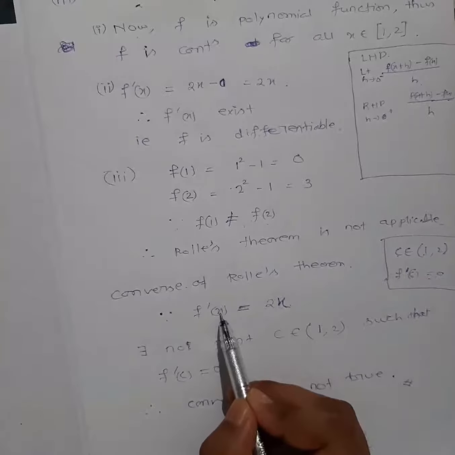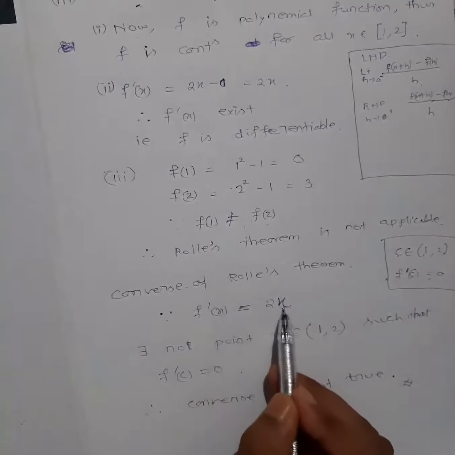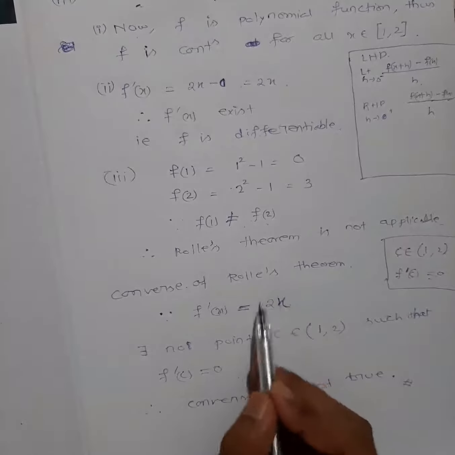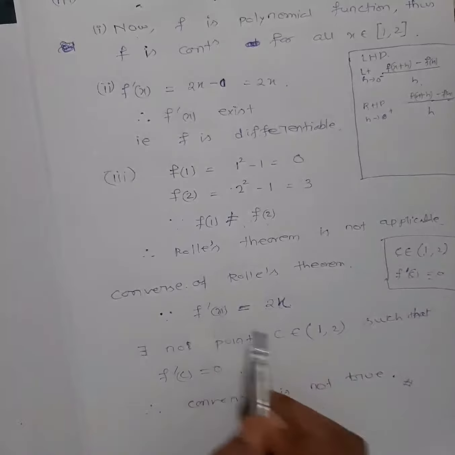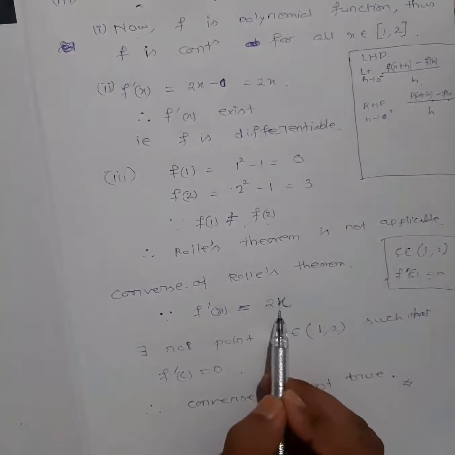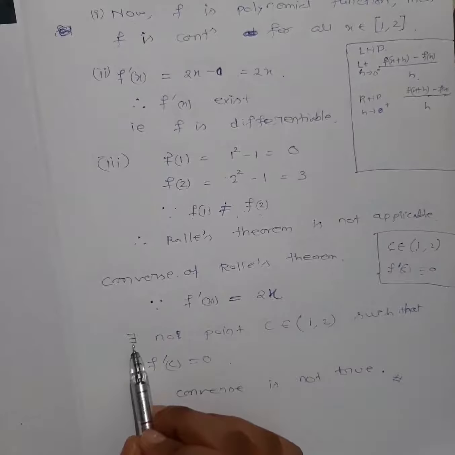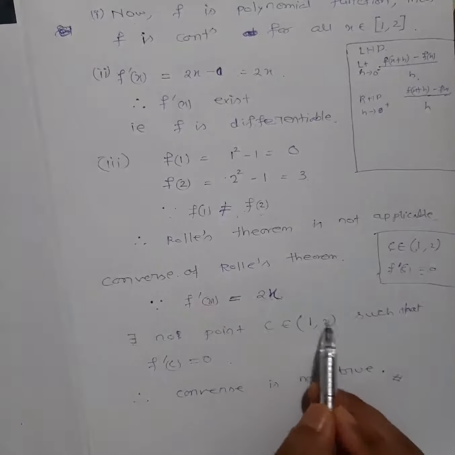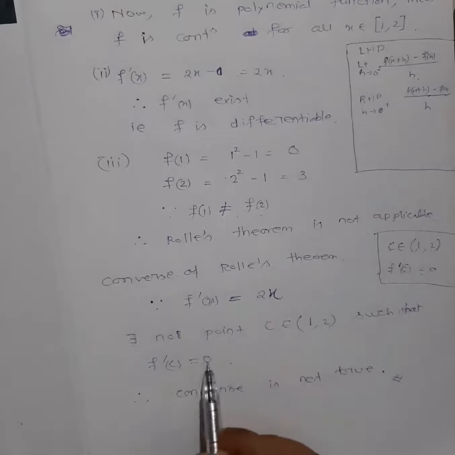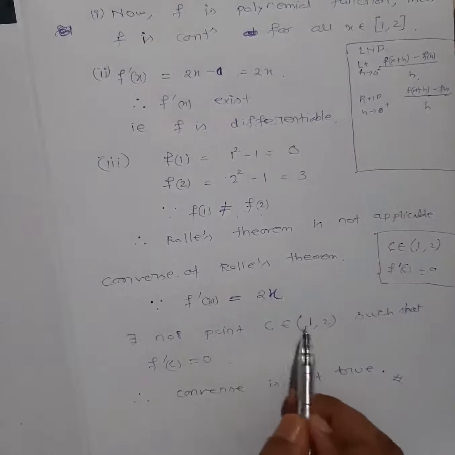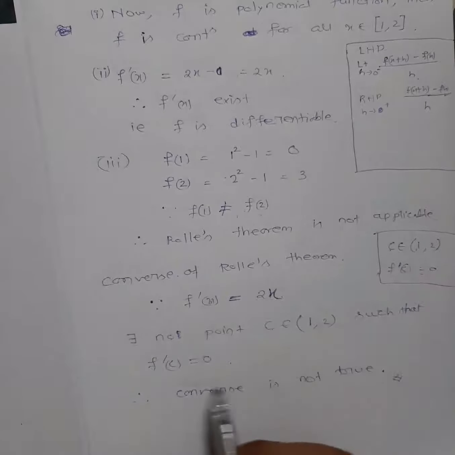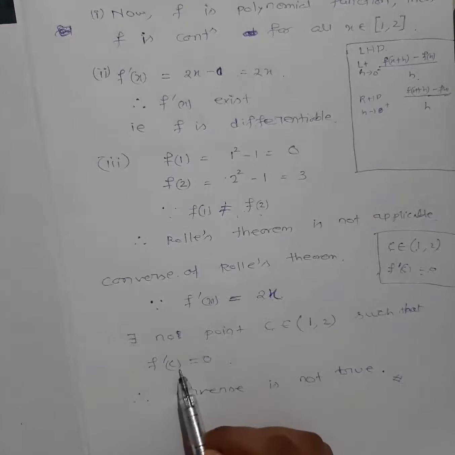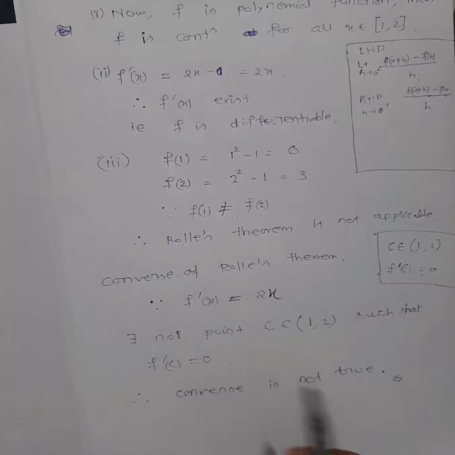Obviously no. From 1 to 2, whatever point x you take, it will never become 0. So there exists no point C in this interval such that f dash C is equal to 0. You will not get such a point between 1 and 2 where the differentiation is 0. So if you cannot get those points, then obviously the converse cannot be used. So the converse is not true.